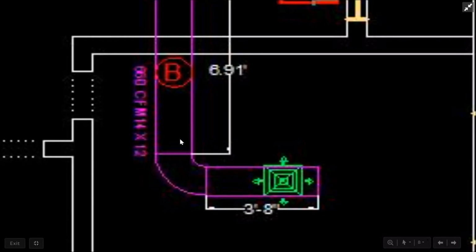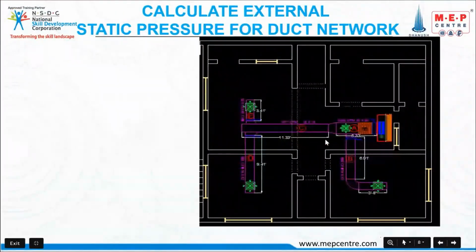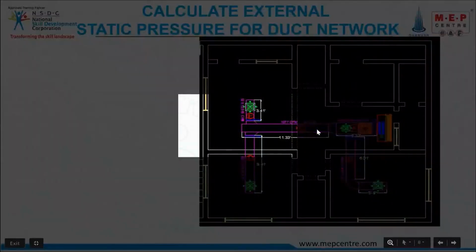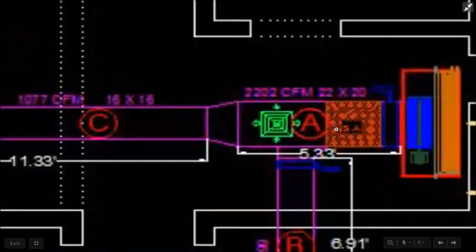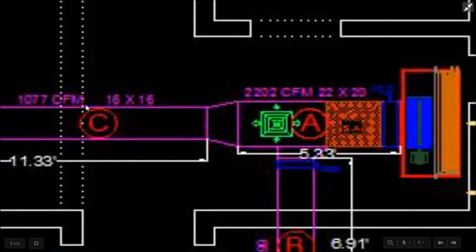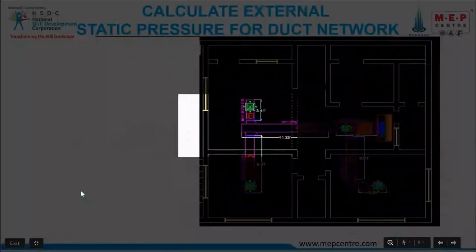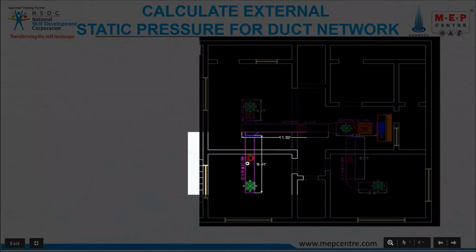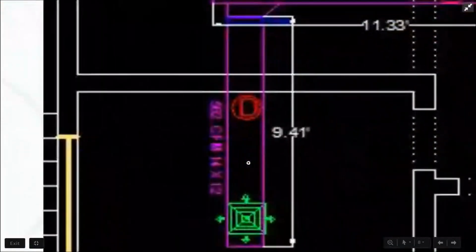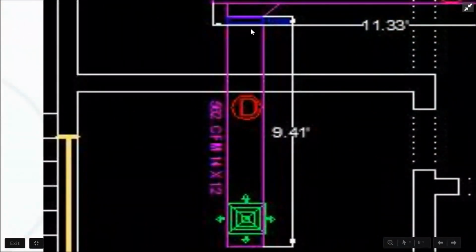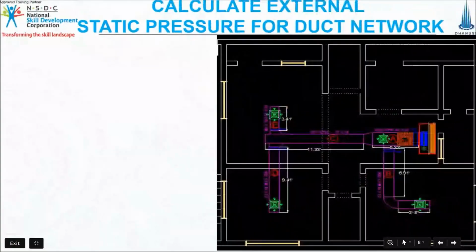In section B we have a VCD and shoe collar. And section C we have 1077 CFM, 16 by 16, and 11.33 feet is the length. Section D we have shoe collar, VCD, and 562 CFM, 14 by 12, 9.41 feet is the length.